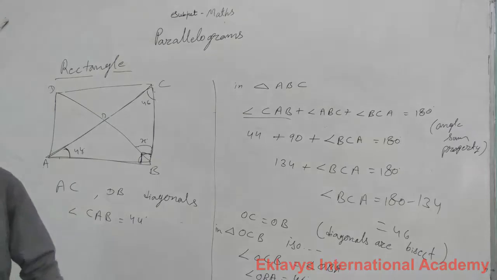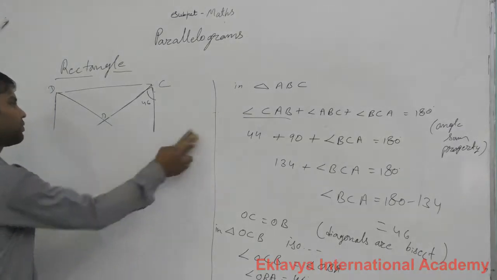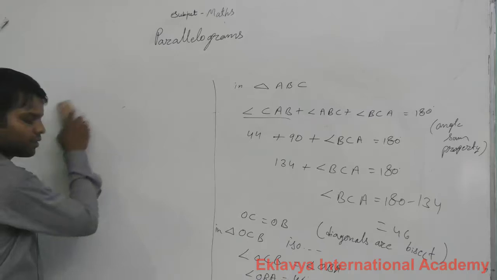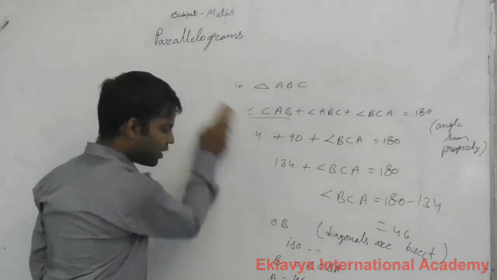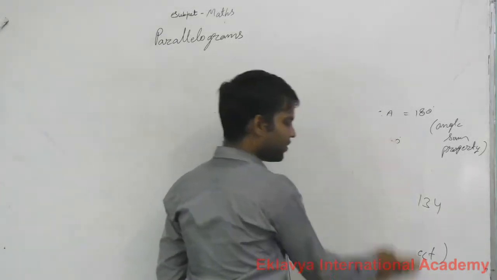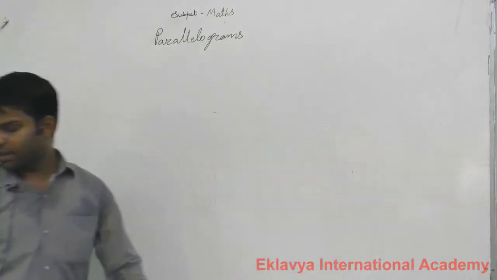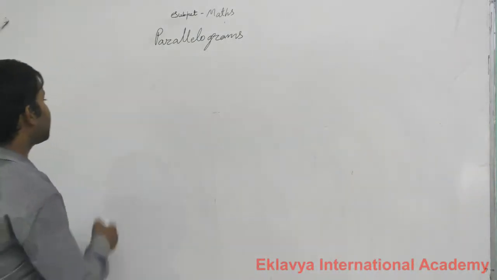Okay students, next question. If we have a rhombus, then first we know the properties of a rhombus: all sides are equal and diagonals bisect each other.